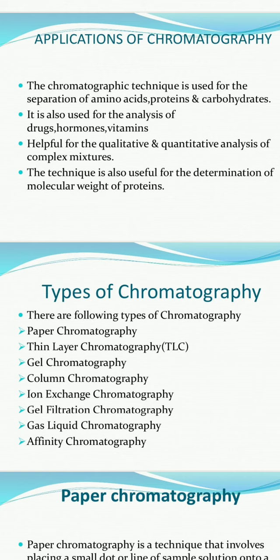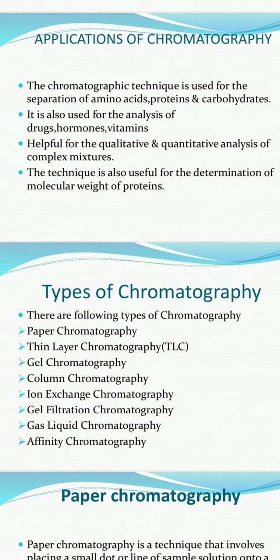The other chromatography techniques are gel chromatography and column chromatography. In gel chromatography, a gel is used for the separation of the particles, and for column chromatography, columns of different sizes, shapes and materials are available in the market for the separation of different substances.